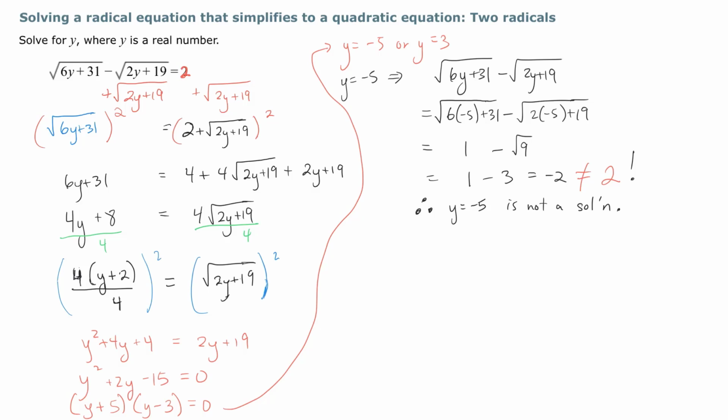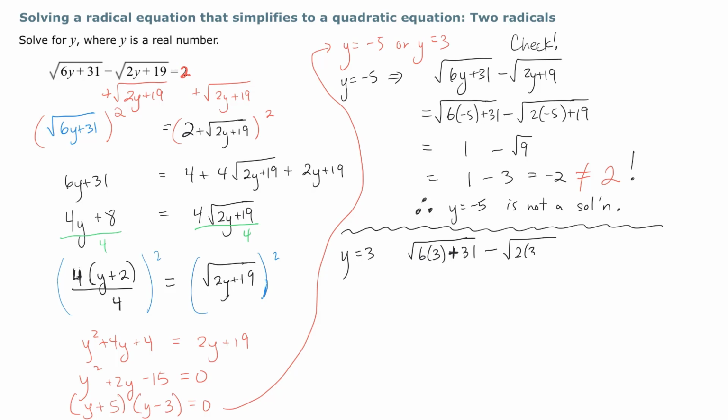Why don't we check the other number? Why don't we check y equals 3? For the original equation, take the square root of 6 times 3 plus 31 minus the square root of 2 times 3 plus 19.